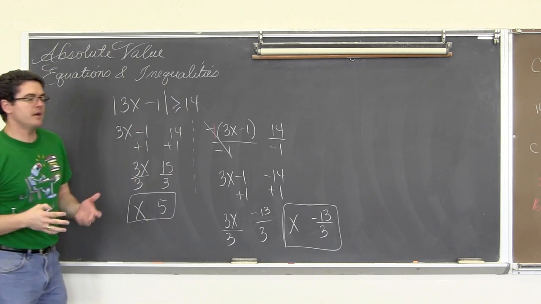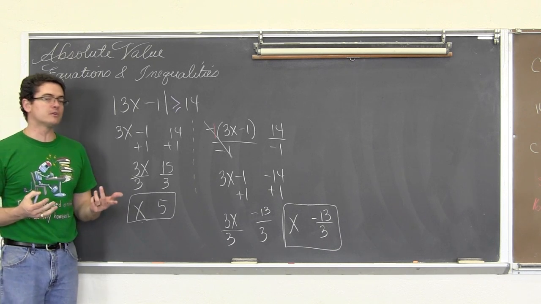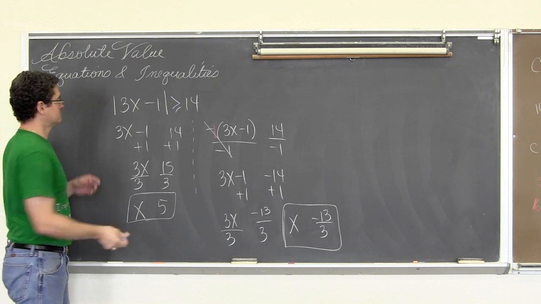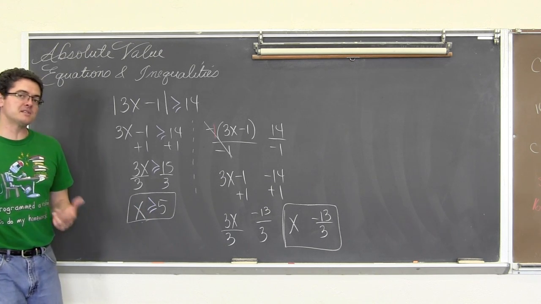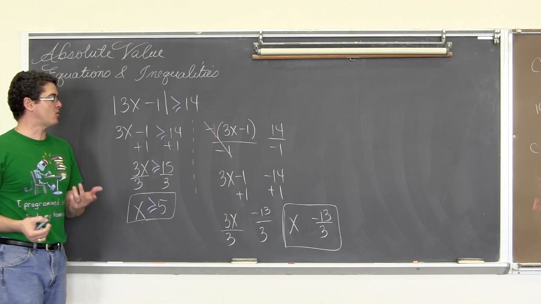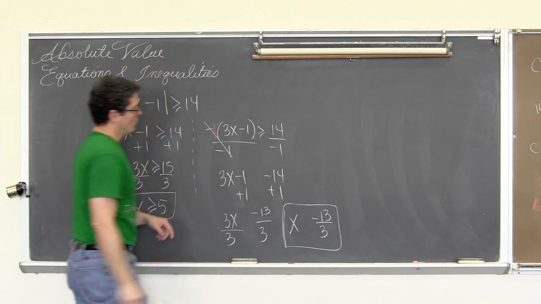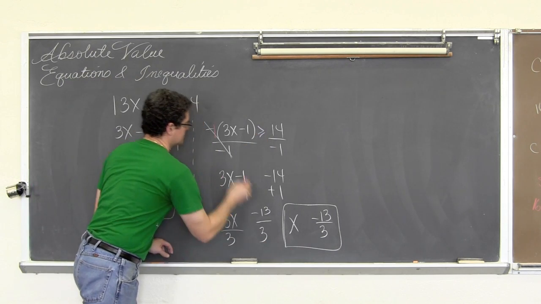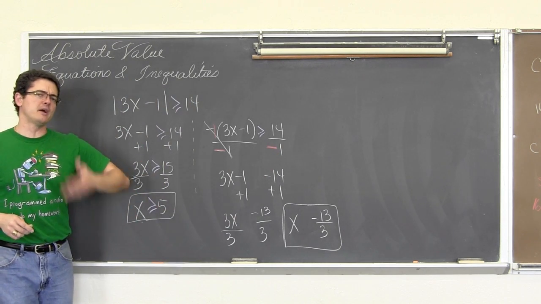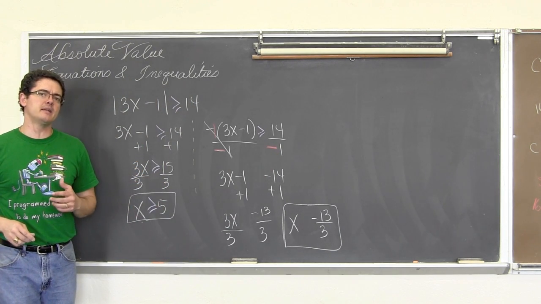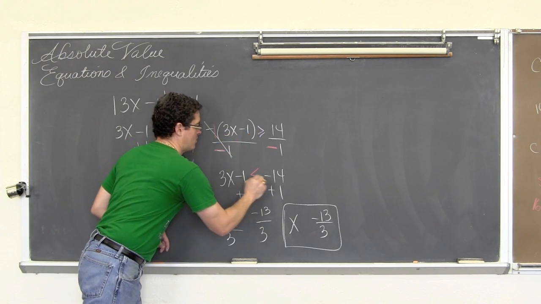If I want the absolute value of 3x minus 1 to be greater than or equal to 14, solving inequalities is exactly the same as solving an equation, except when you divide by a negative number. When you multiply or divide both sides of an inequality by a negative number, you have to remember to change the direction of that inequality.